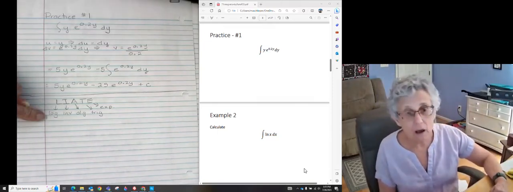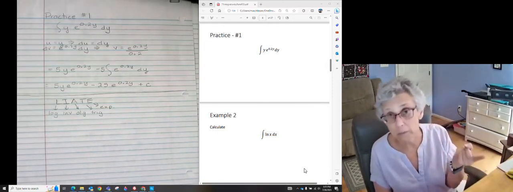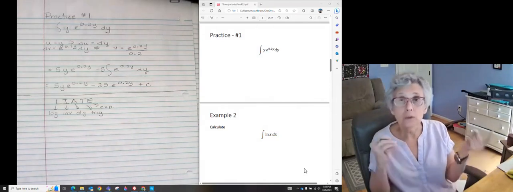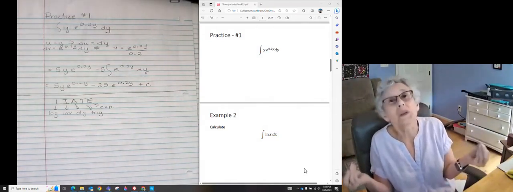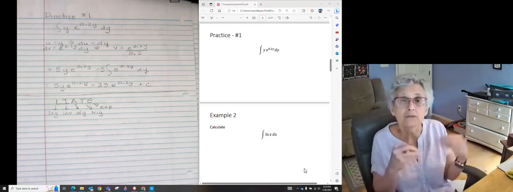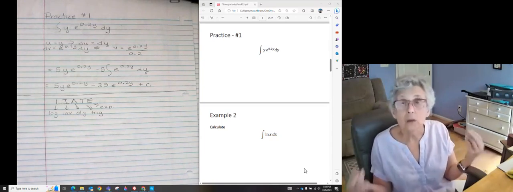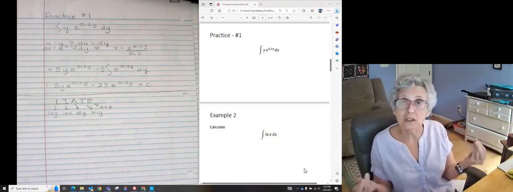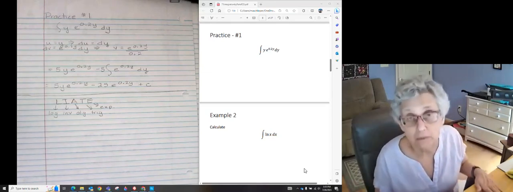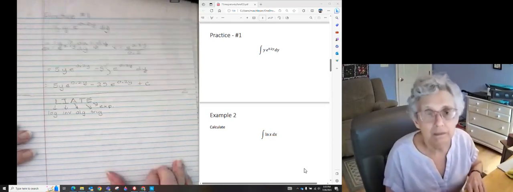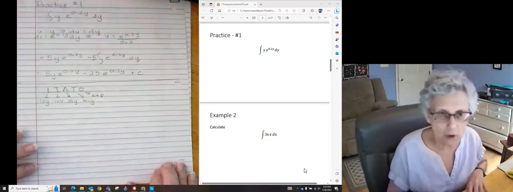So if you have a log function, that's got to be your u, because you don't know the antiderivative of it. If you have an inverse trig function, that's going to be your u, because you don't know an antiderivative of it right off the top of your head. It's not something that's in a table that you have memorized.